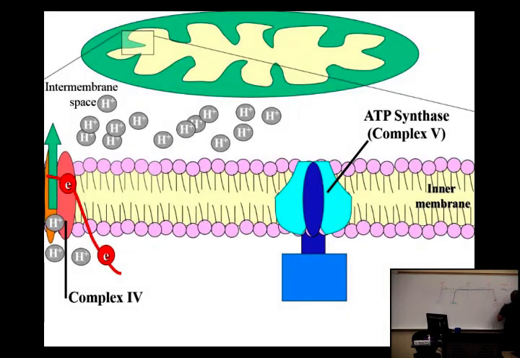This is the intermembrane space. And so here's our membrane. And this is the matrix. And what happens is the protons go through here and they cause this to rotate.